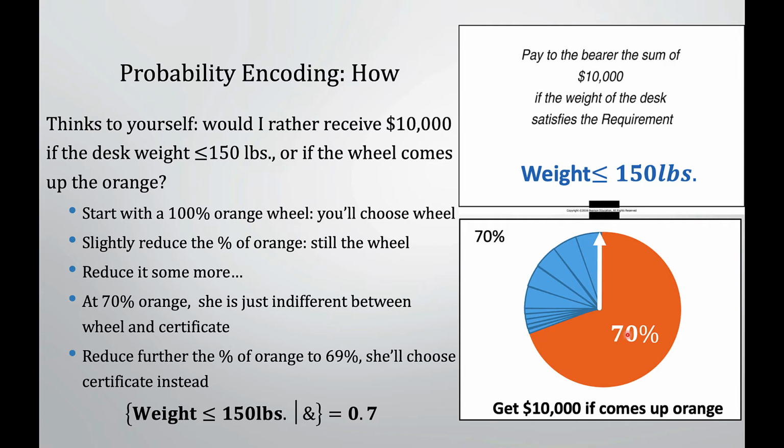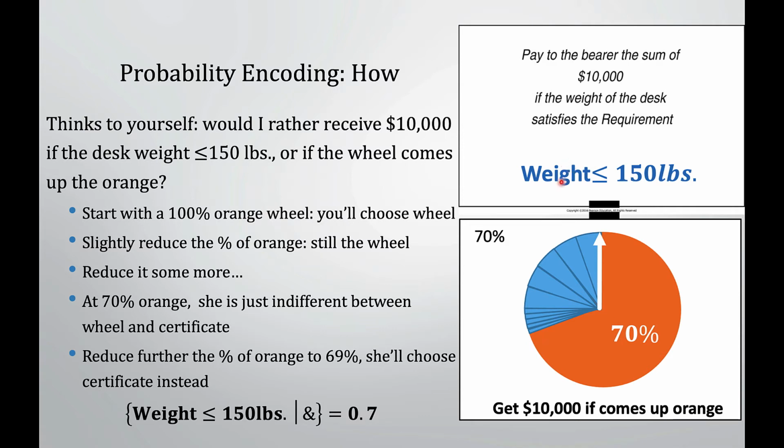And we know from some kind of objective measure that when the orange pie occupies 70% of the wheel, then the probability of winning $10,000 here is 70%. So when we are indifferent between these two, that means underlying in your subconsciousness, the probability that you assign to this random event is equal to 0.7. Okay, so this is how we figure out the probability.